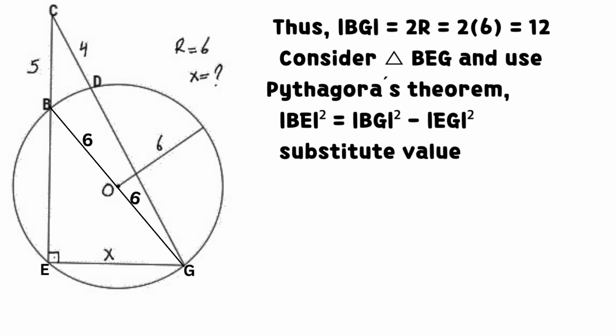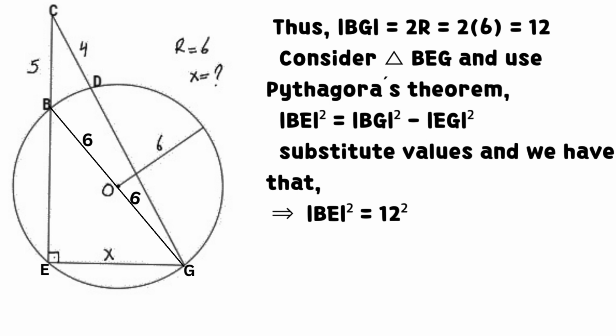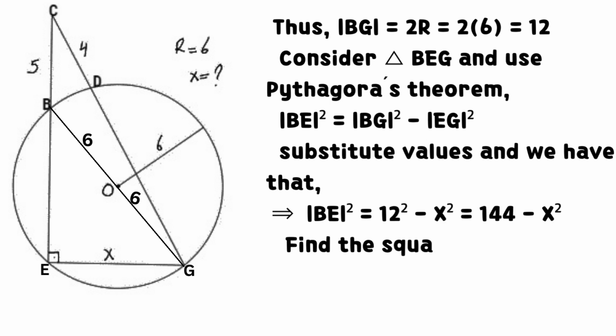Consider triangle BEG and use Pythagoras theorem for the square of line BE equals the square of line BG minus the square of line EG. Substitute values and we have that the square of line BE equals 144 minus the square of x.